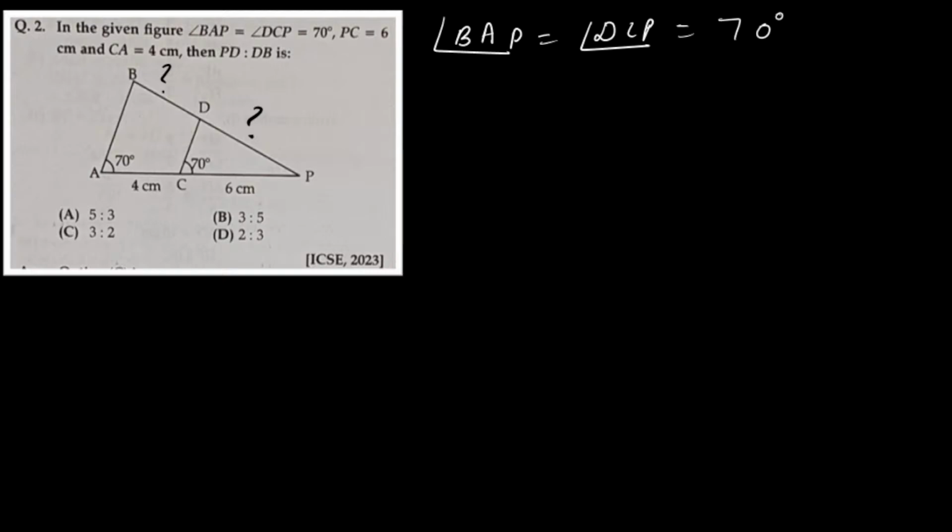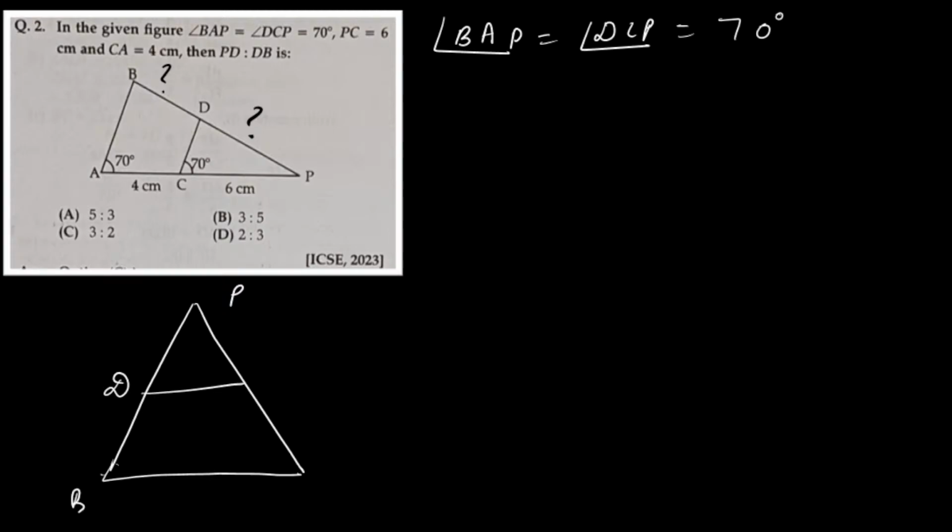How many of you remember this? You can post the answer of this one. We did this question while solving the paper 2023. I'll just redraw the figure. So P, D, B, A, C.